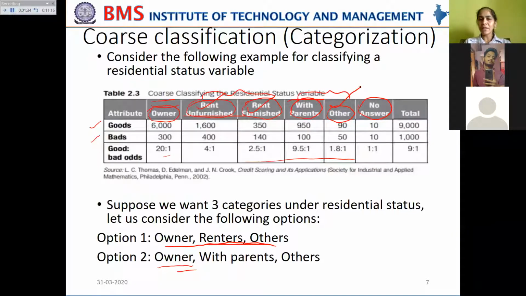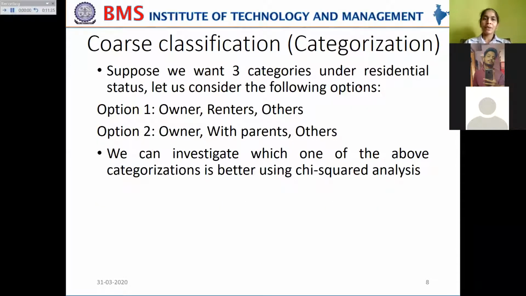Now let us see which categorization will help us to better classify the outcome variable, better predict the outcome variable, so that we can follow that categorization during building the analytical model. We can investigate which one of the above categorizations is better by using chi-squared analysis.